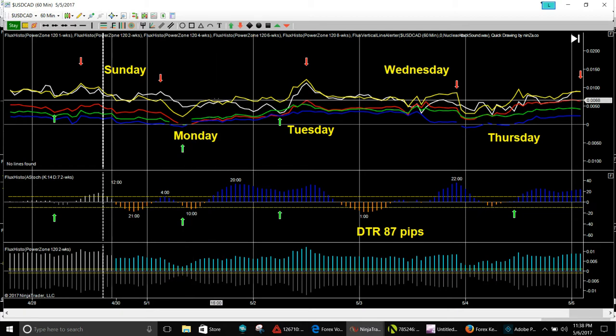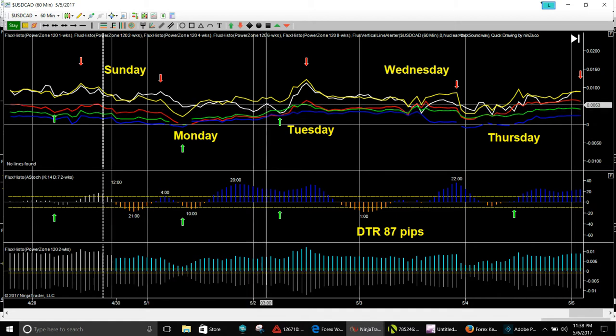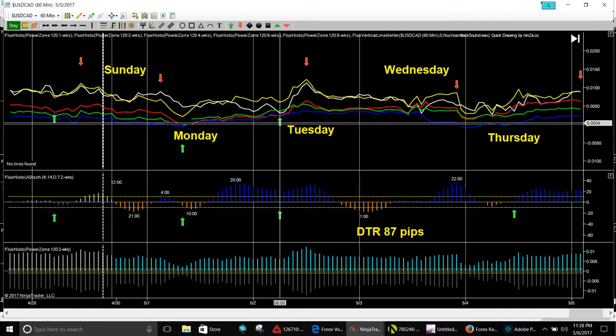And then we're going up until, looks like, yeah, it's gonna go up, but it's gonna pull back at 8 p.m. and go up. Let's see, yeah, I'm just trying to count the hours. That's 3 hours. So best opportunity probably is gonna be here at 6 a.m. on Tuesday.